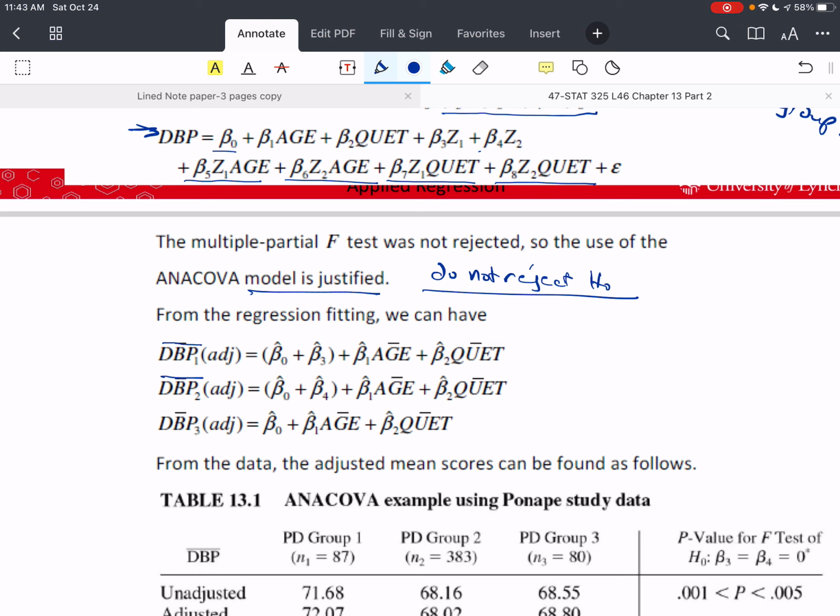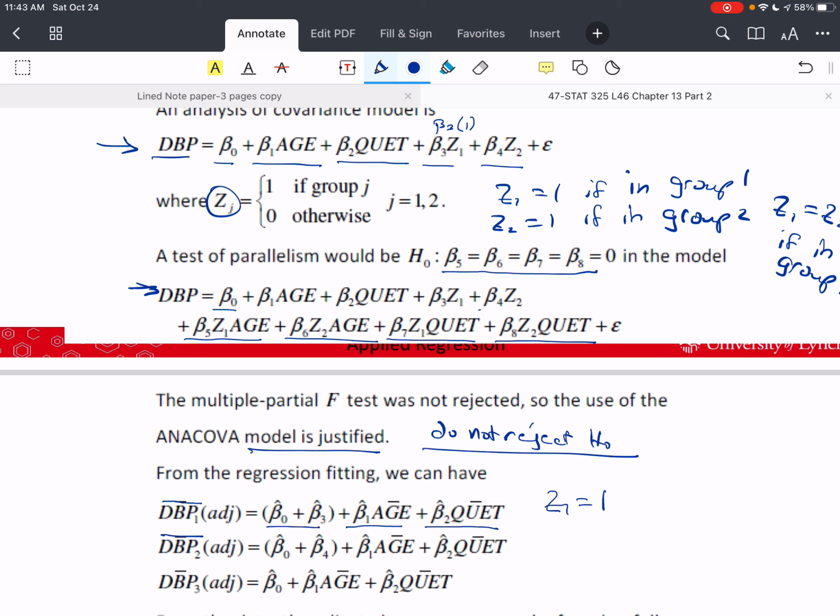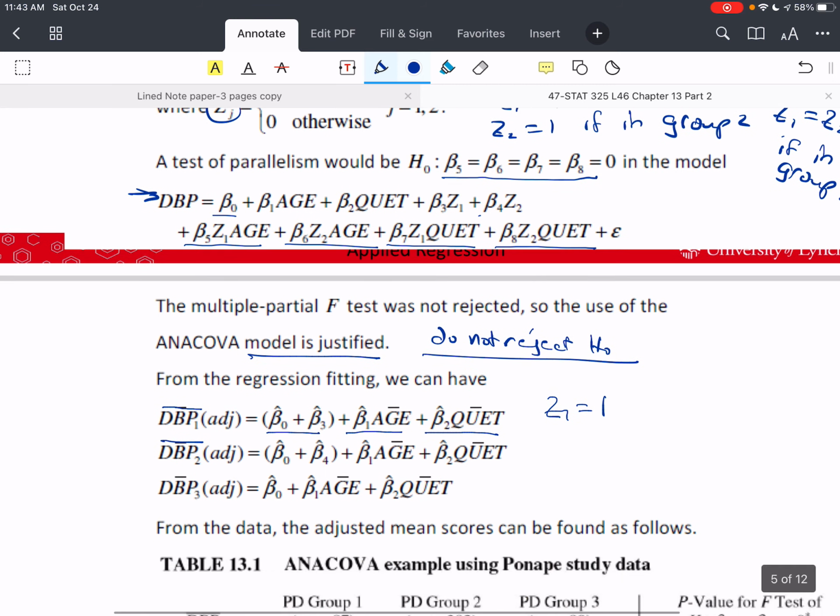If we look back at our model, if Z1 is 1, then we have beta 3 times 1, and Z2 has to be 0. So we're left with this beta 3 that we're adding to beta naught to change the intercept. And then we just have beta 1 age and beta 2 Quet. So that's if Z1 is 1.